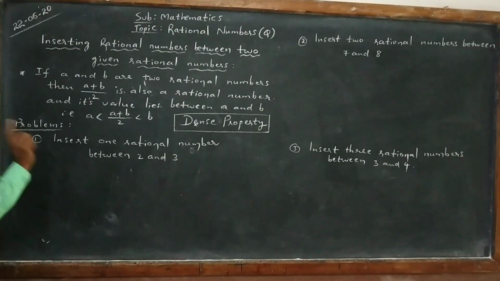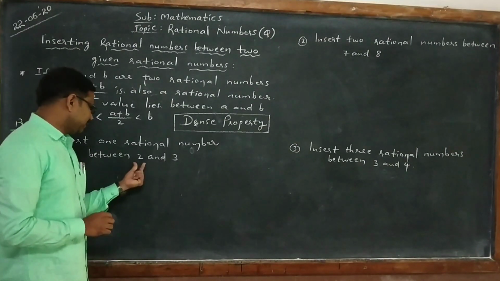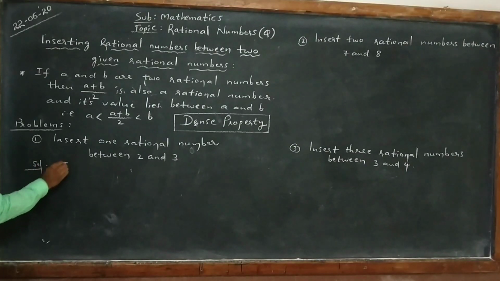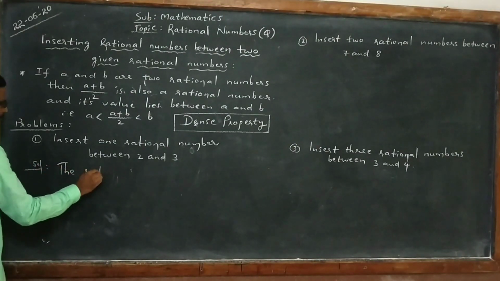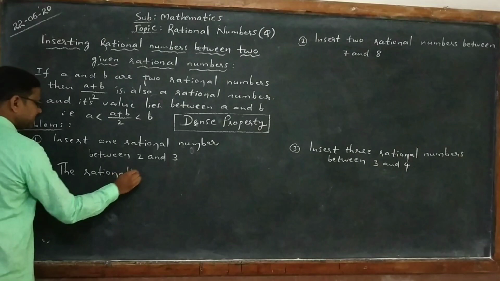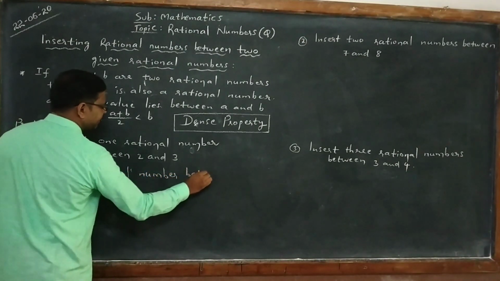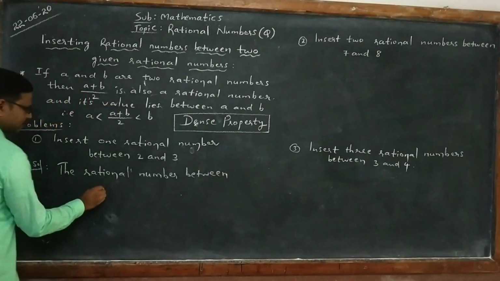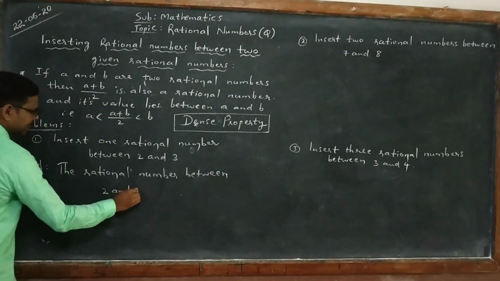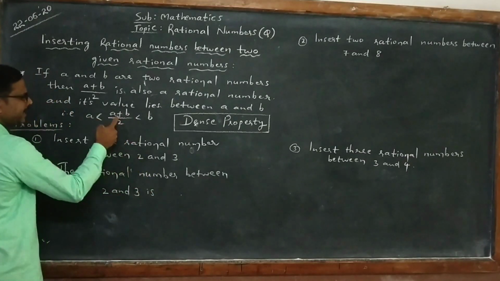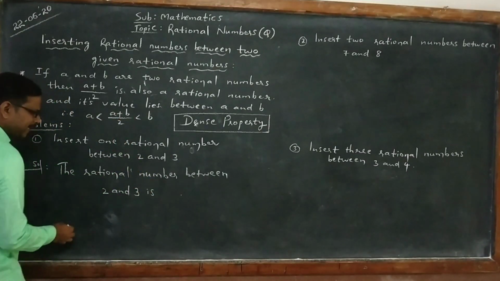Now I am going to insert one rational number between 2 and 3. What did I tell you, between a and b, what is the value? (a plus b) by 2.